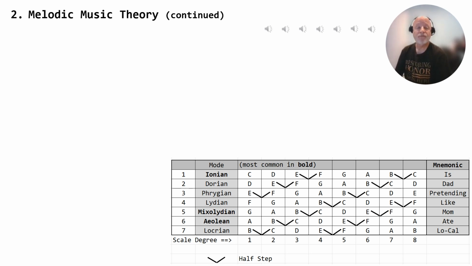However, for completeness, I decided to insert this slide in here, so you can see all the modal scales that are related to each other. In this case, all the modes that belong to C Ionian. And so I'm going to play some examples of that right now.